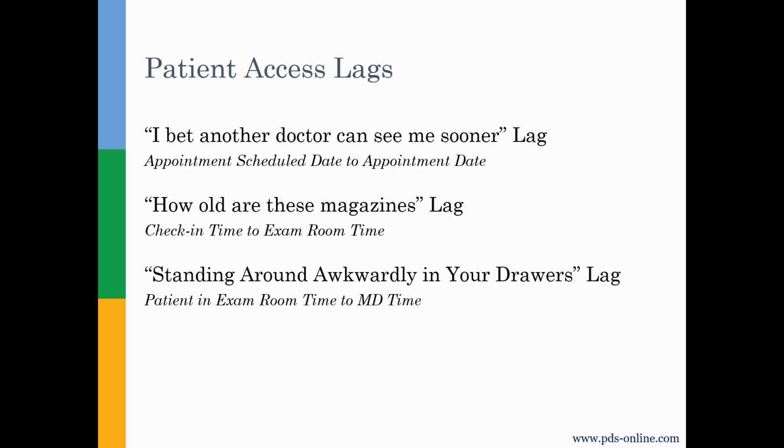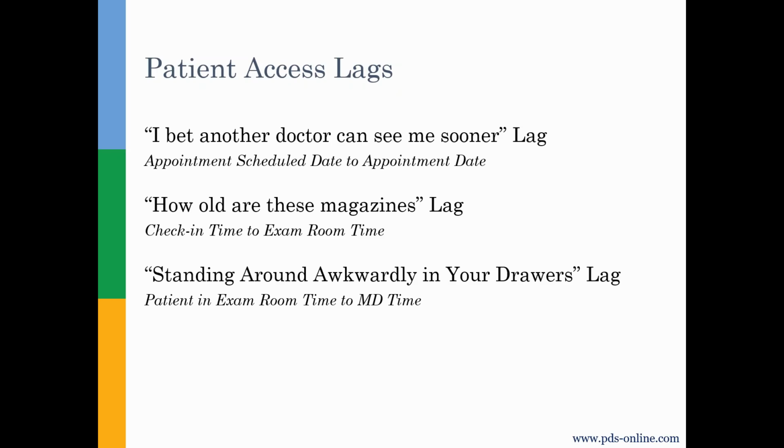So when we talk about the different lags that are associated with patient access, obviously, appointment lag, or the difference between the date the appointment is scheduled and the actual appointment date, is not just a patient satisfier, but it's something that can drive satisfaction and competition with your referring providers as well. Referring providers will find different providers to go to if they are not able to get their patients into your specialist in a timely fashion.